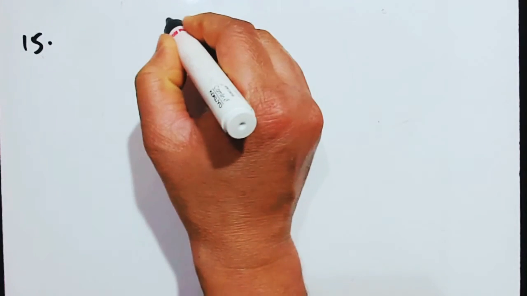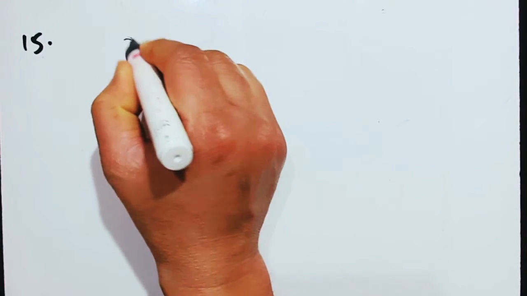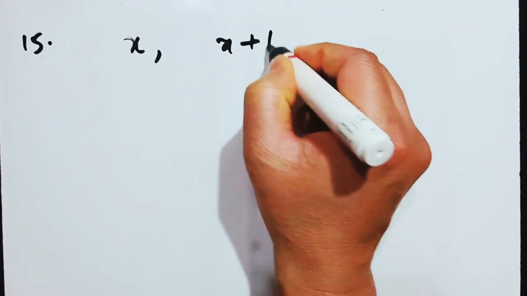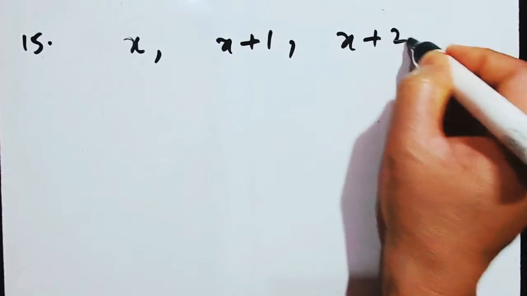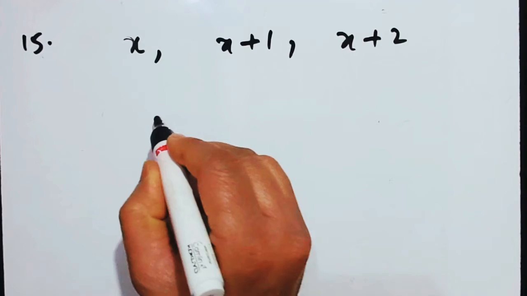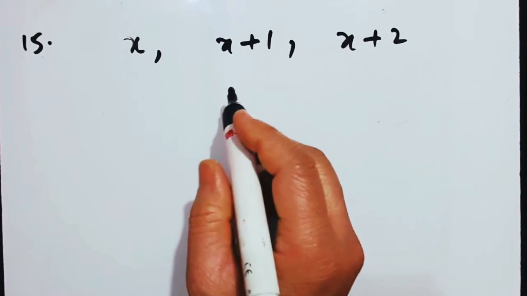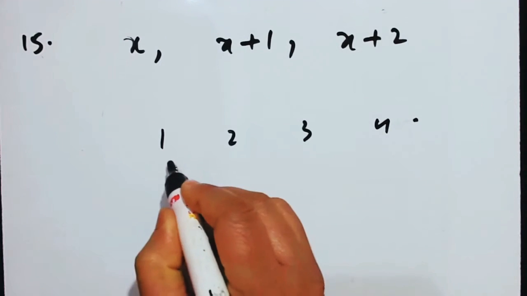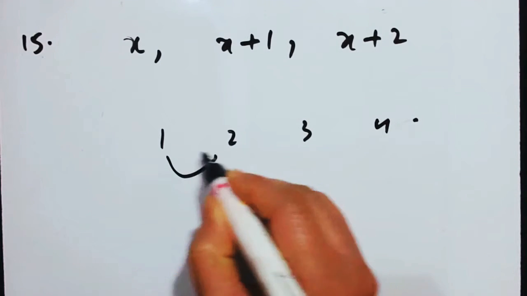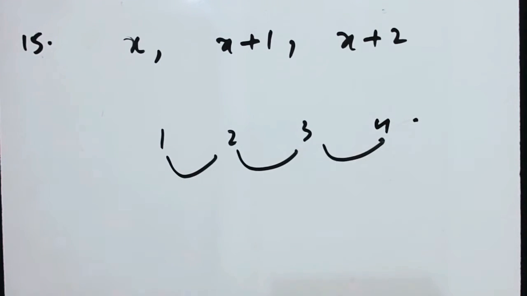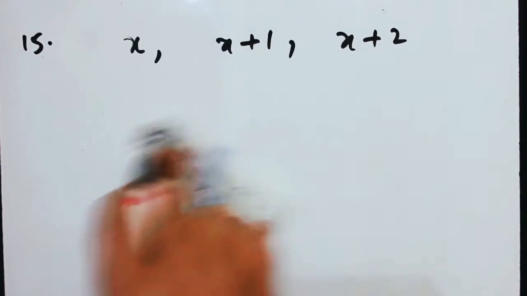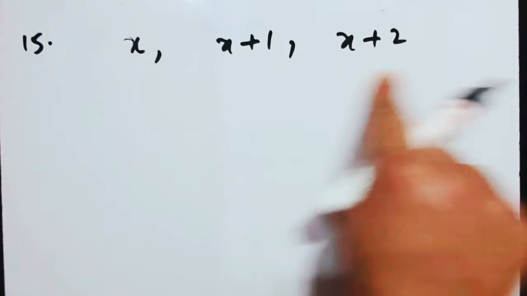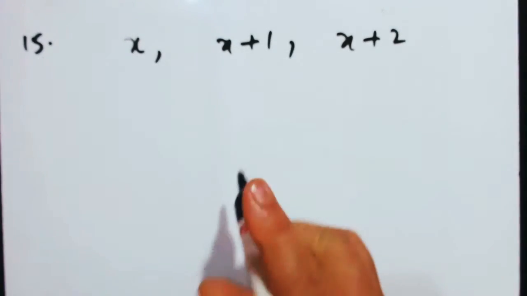So 3 consecutive natural numbers are X, X plus 1, X plus 2, because natural numbers start from 1, that is 1, 2, 3, 4. The difference between any two natural numbers is 1, which is why these numbers are in ascending order with a difference of 1.